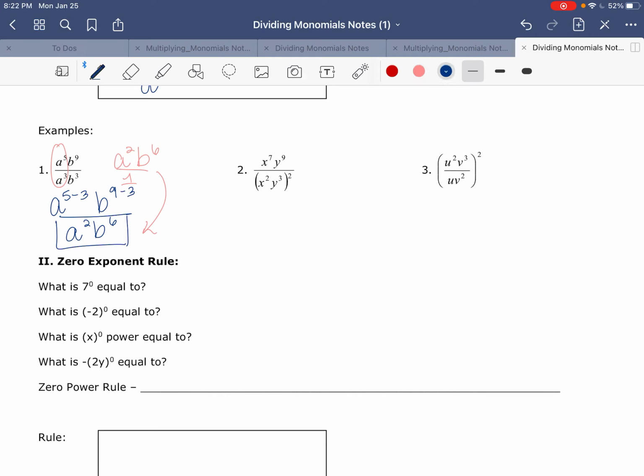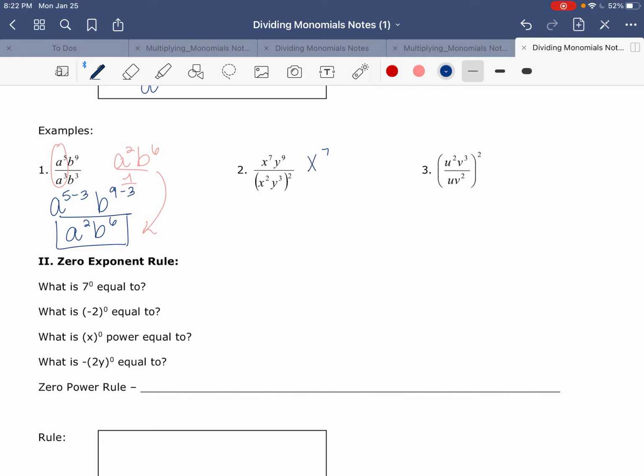When we look at 2, I can't simplify anything in the numerator, but I have a power raised to a power in my denominator. And remember from last class, when you have powers raised to a power, you multiply the exponents. So that 2 is going to distribute into the x squared and the y cubed.